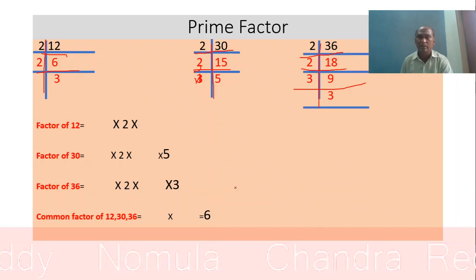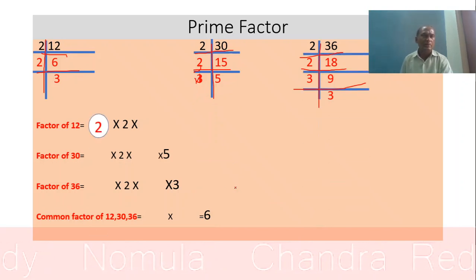First of all, 12 factors are 2 into 2 into 3.